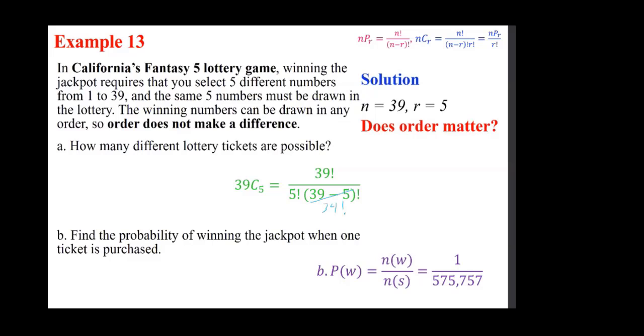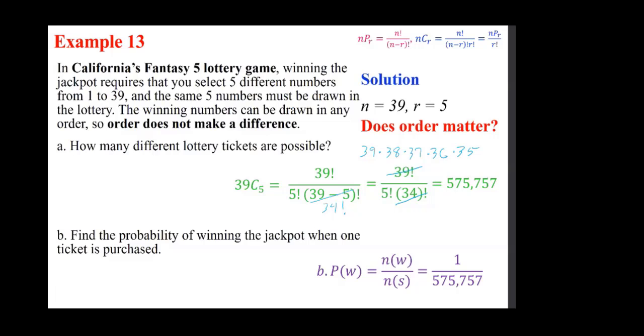And again, you're not expected to do this by hand, but if you were to do that, you keep the 34 factorial in the denominator, and the top becomes 39 times 38 times 37, 36, 35, and then you stop at 34. So this one cancels out this one, and it gives us 39 times 38 times 37 times 36 times 35.